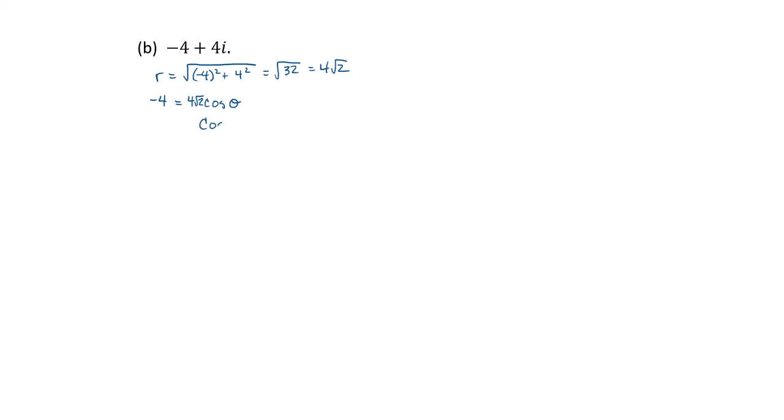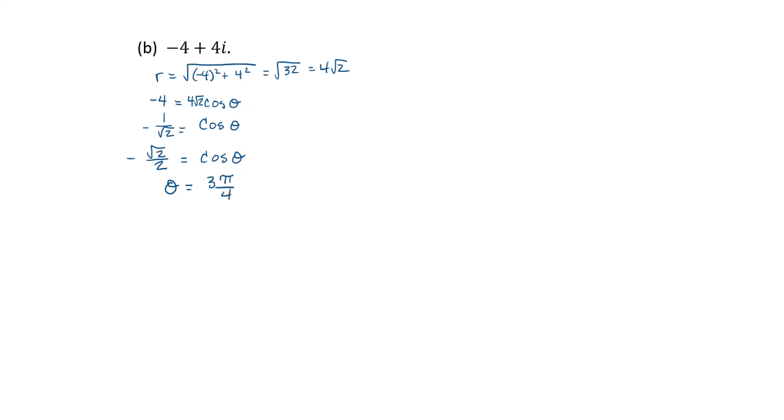So I'm looking to find where the cosine of theta is equal to negative 1 over square root 2, which is the same as cosine theta equaling negative square root of 2 over 2 after rationalizing that denominator. And the cosine of theta will be negative square root of 2 over 2 when theta is 3 pi over 4.